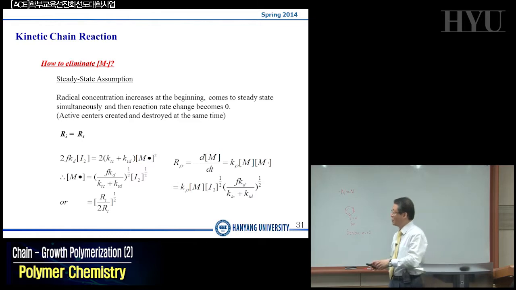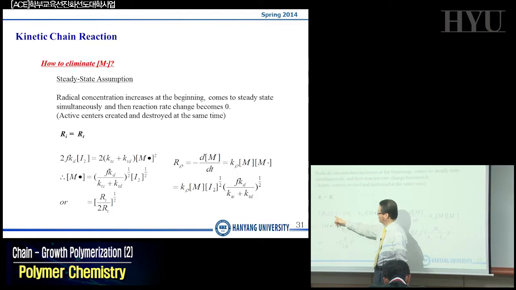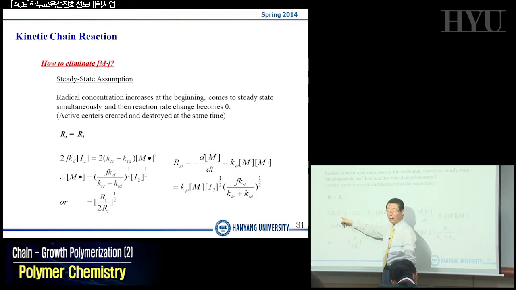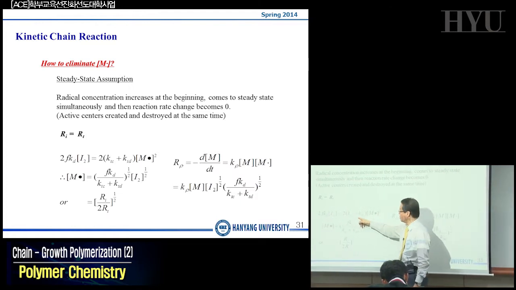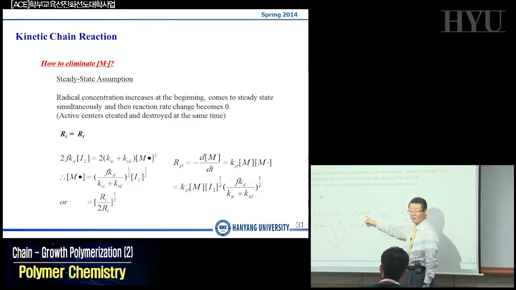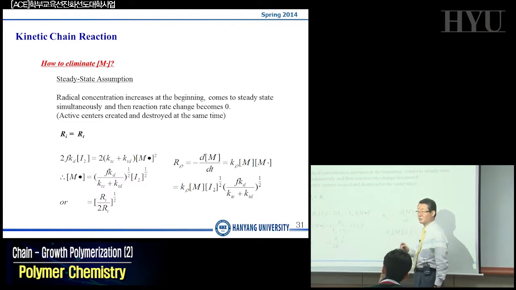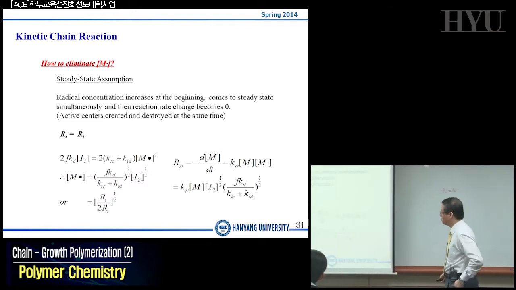So from this equation, Ktc, Ktd, I2 and Kd are all constants or known variables, with only one unknown and undesirable parameter. So we can rewrite this M dot in terms of the constants, although it's a little complicated.